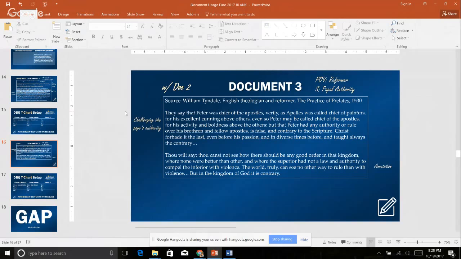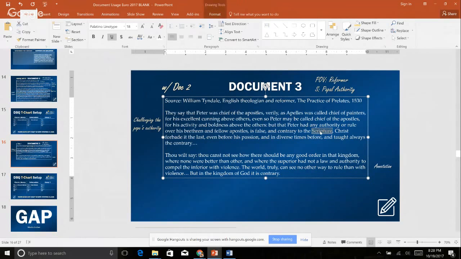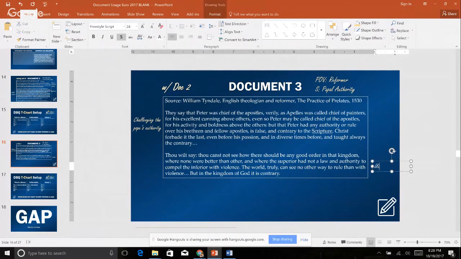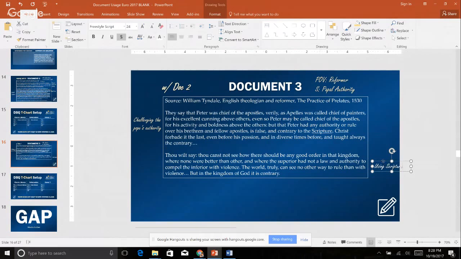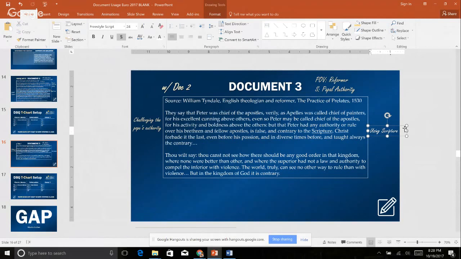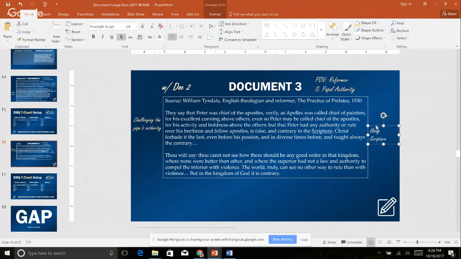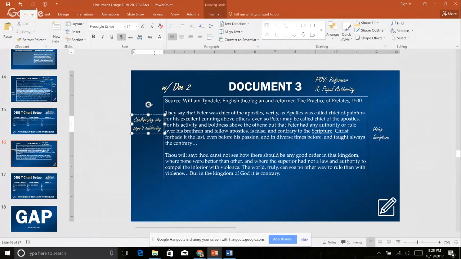Another thing I want to note is that I might make a note of the scripture. We see here that he is using scripture. And we see that there has been a bit of an intervening event: 1530. This is after Martin Luther's 95 Theses.